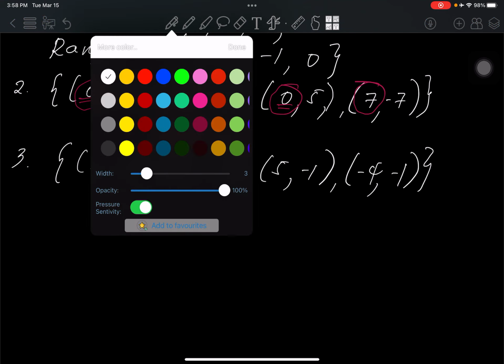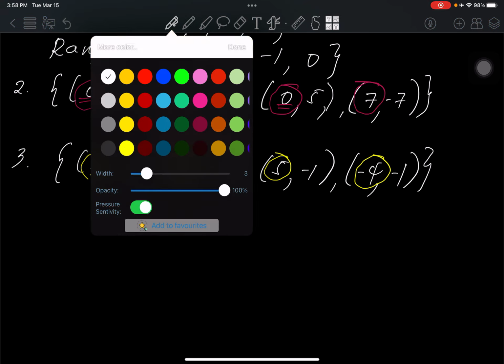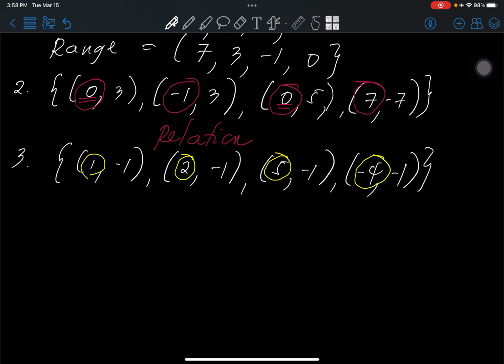We have 1, followed by 2, followed by 5, and followed by negative 4. No, they are not repeated. Therefore, this is a function.